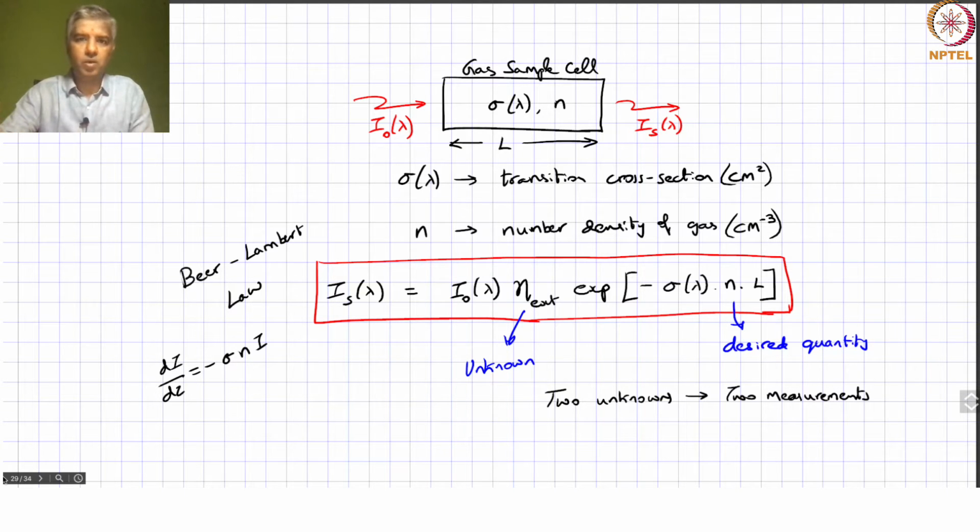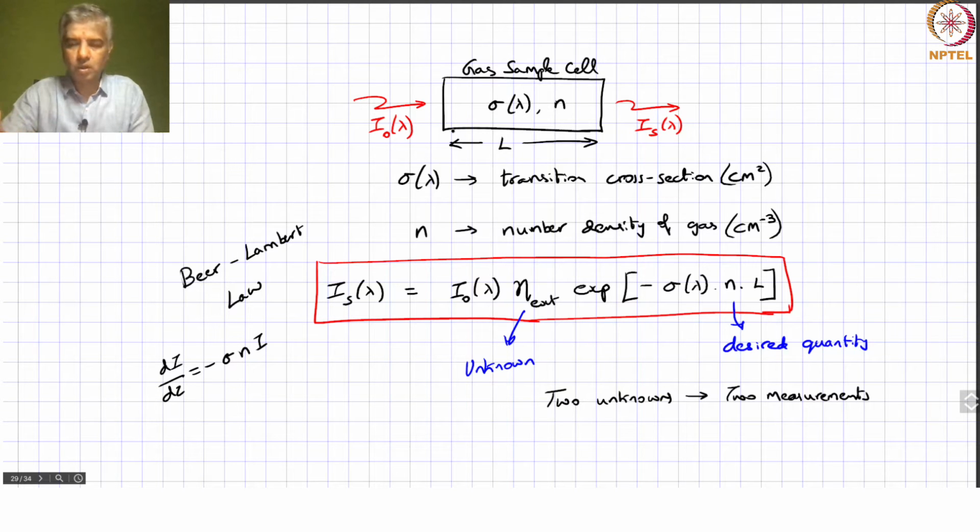In an industrial environment, this may be the flue gases that are a byproduct of whatever manufacturing process the industry has, and we extract that gas sample and then put it through a gas cell, and we looked at how in that scenario we can use changes in the amplitude of light, or the intensity of light, because of absorption of the gas at a particular wavelength.